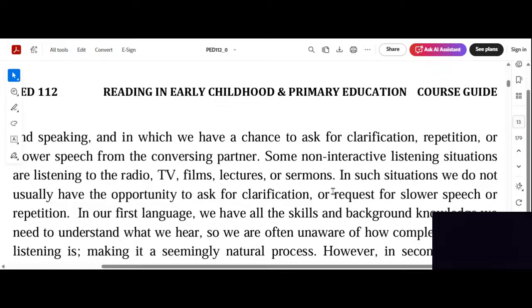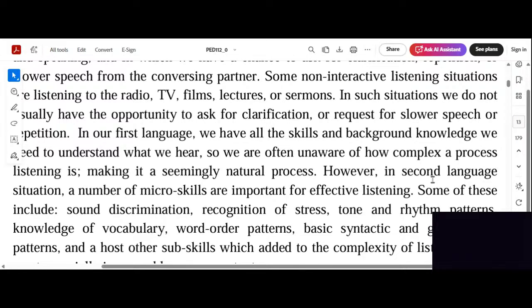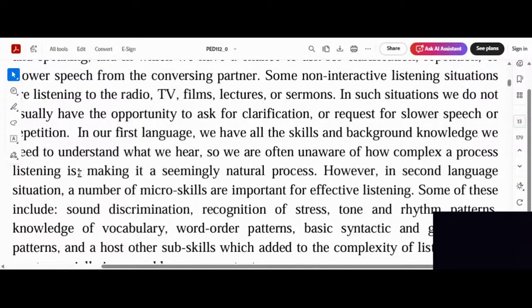Or sermons in church, you are probably not permitted under normal circumstances to speak back to the pastor when he's preaching on Sunday. So in such situations, we do not usually have the opportunity to ask for clarification or request for slower speech or repetition. In our first language, we are often unaware of how listening works, making it a seemingly natural process.